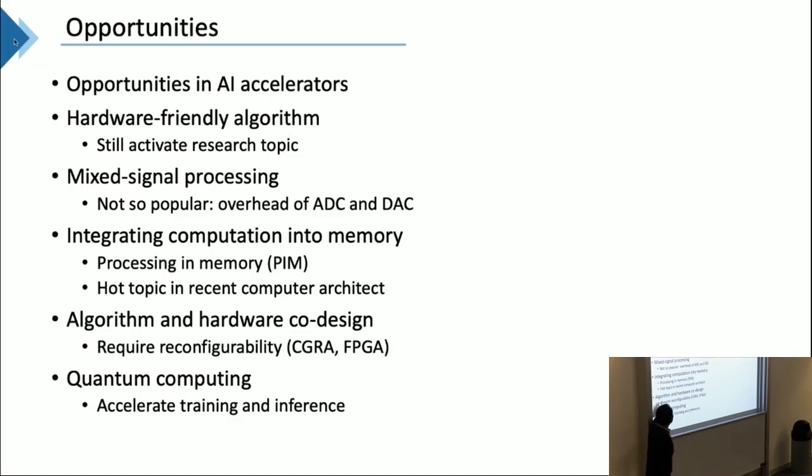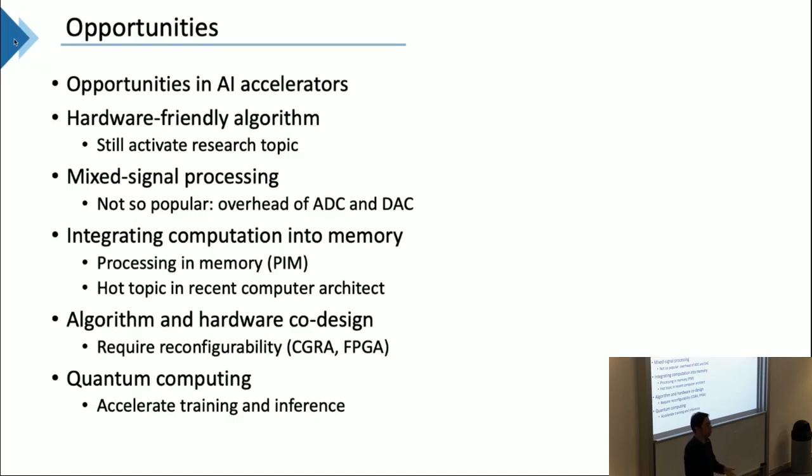And again, algorithm and hardware co-design. Nowadays a lot of people are discussing how to use the CGRA, the coarse-grained reconfigurable array, to accelerate AI workloads. And the story is, AI is evolving very quickly. Five years ago, the transformer was not the mainstream workload. It was the graph neural network, the convolutional neural network.